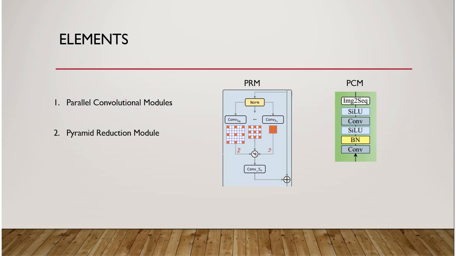An element-wise sum is then applied to the features from MSA and PCM. Finally, the feed-forward network processes the resulting tokens to obtain the output features of the normal block.